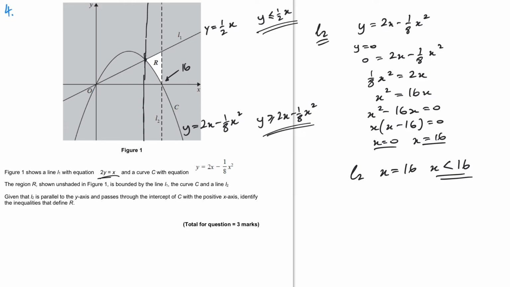So I've got my three main inequalities here, which I'm going to write in red. We've got y is less than or equal to a half x, y is greater than or equal to 2x minus 1/8 x squared, and x is less than 16. Now, I was talking about whether there was another region, so let's just double check.